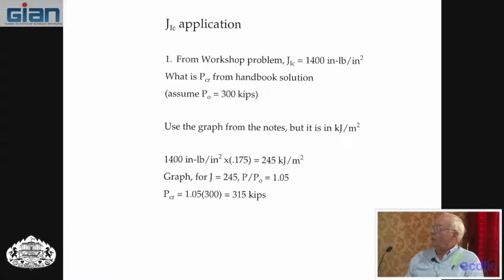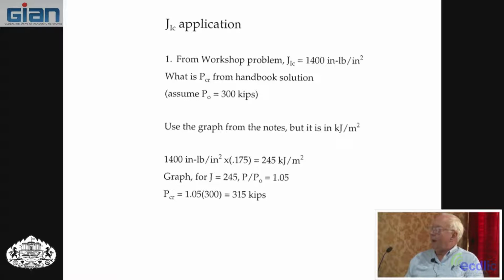So we did this problem yesterday. We calculated J1C from the test data and got 1,400 inch-pounds per inch squared. So if you use the handbook, what would the critical load be? And we have a P0 of 300.